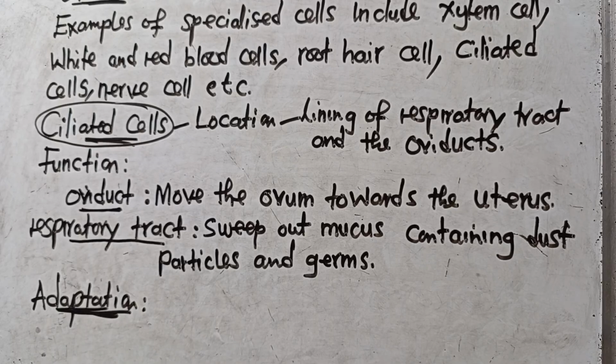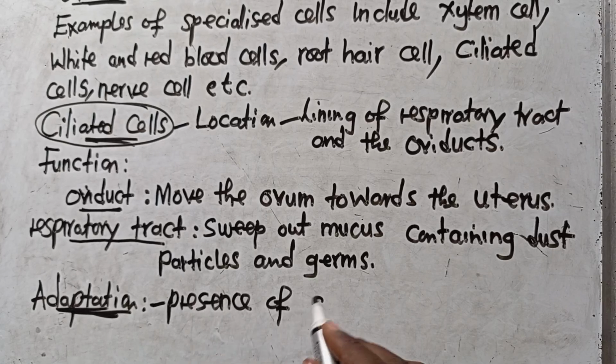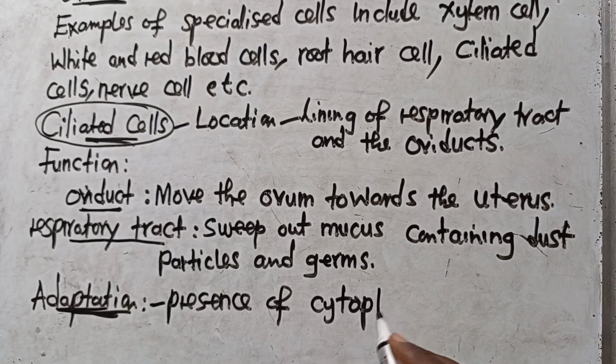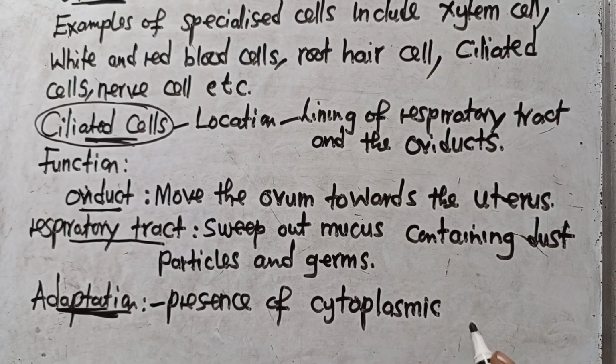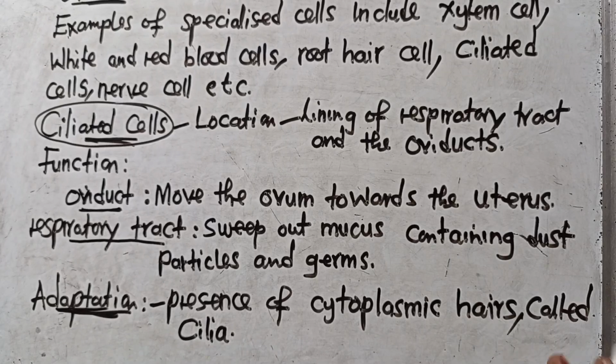One of them is the presence of cytoplasmic layers, and these layers are called cilia. This is what you are supposed to know and understand.